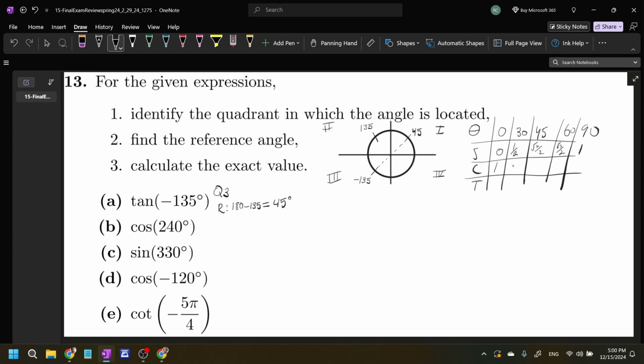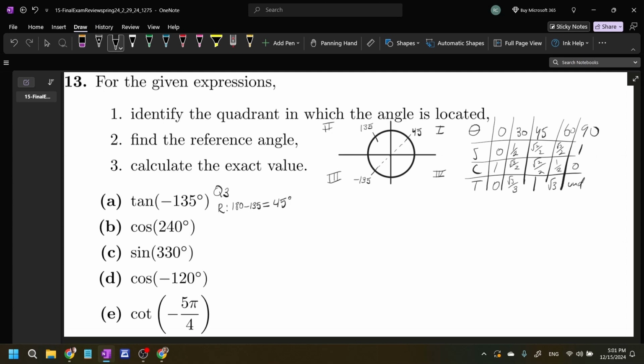Cosine is in reverse: 1, root 3 over 2, root 2 over 2, root 1 over 2, and 0. And tangent is sine over cosine, so that's 0, root 3 over 3 when you rationalize it, 1, root 3 when you simplify, and undefined.